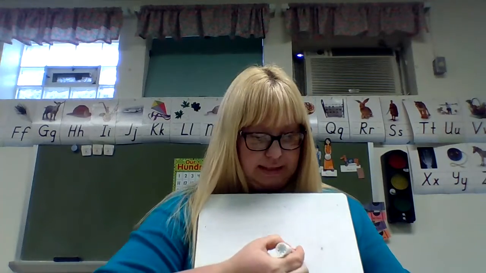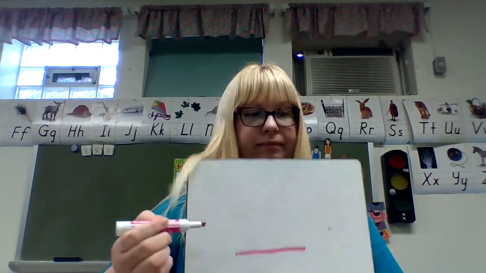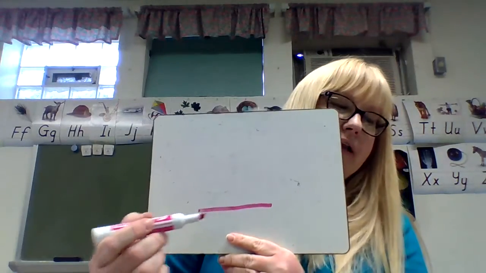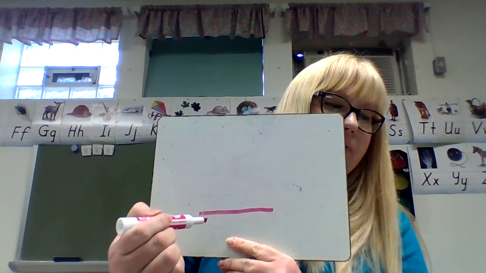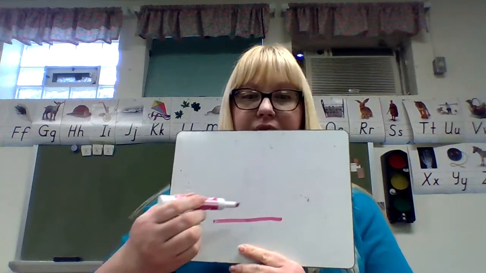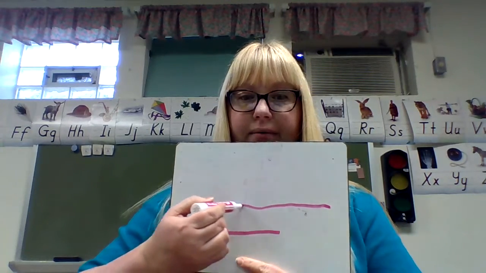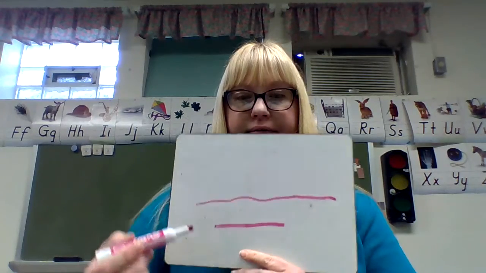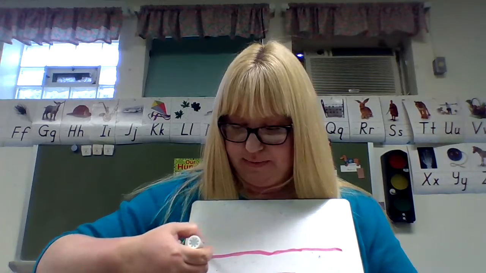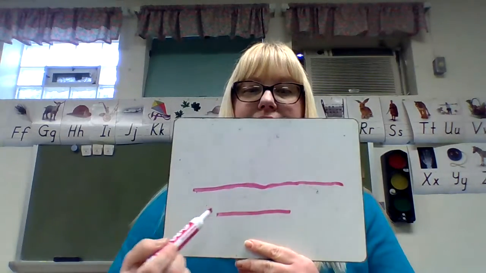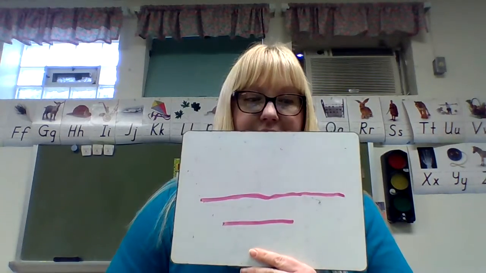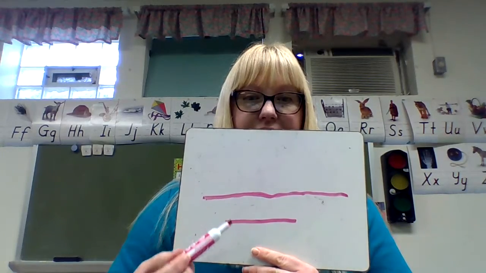Oh, just a simple line. I'm going to draw a line. Okay, just a line. I want to draw a longer line. So I'm going to make that one longer. Sorry, it was a little crooked there. Hard trying to hold this up and push on it. So I drew a longer line. Okay, this one is longer, this one is shorter.